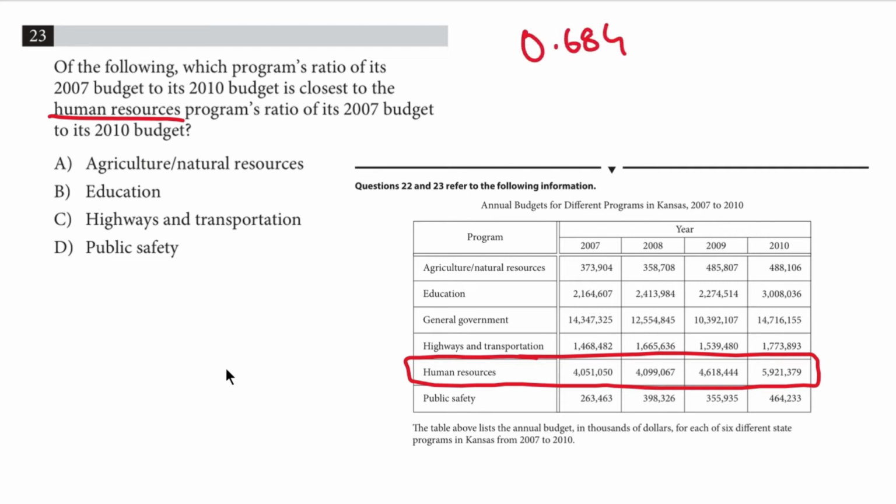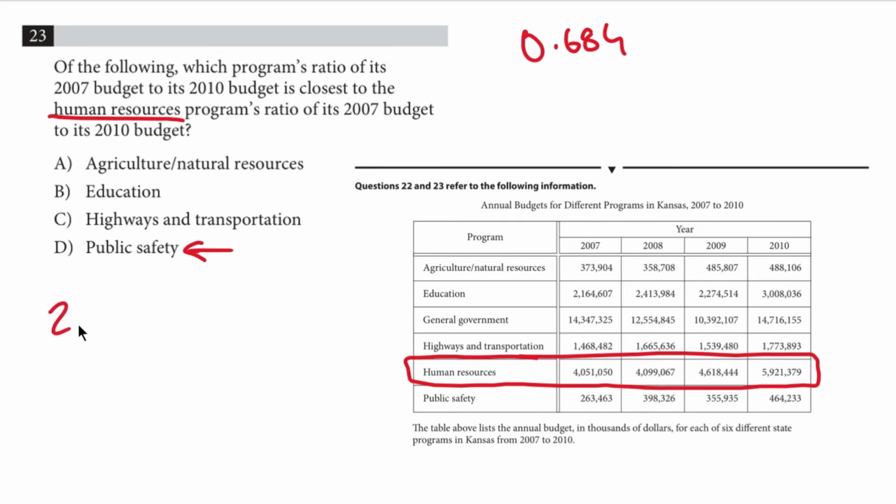Now my advice to you is this. Start from the last one and take a look at it. Because if this is a calculation question and you have to try each one of these one by one, then most probably they have hidden the right answer as the last answer because they want you to waste time on the SAT. So let's try and see.